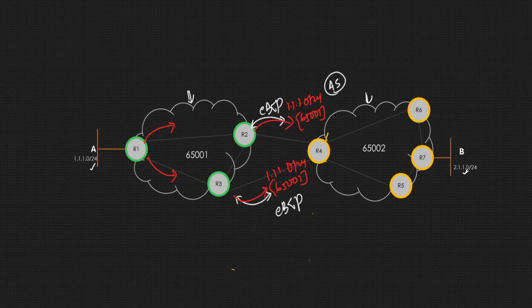Within the autonomous system, R4 will advertise this route to its iBGP neighbors also, right? So 1.1.1.0/24 is coming from this one, everywhere we will have this one. So based on this autonomous system, it will not be able to say that there is a loop, because inside an autonomous system, the AS path is not calculated. You cannot prevent loops using the AS path.